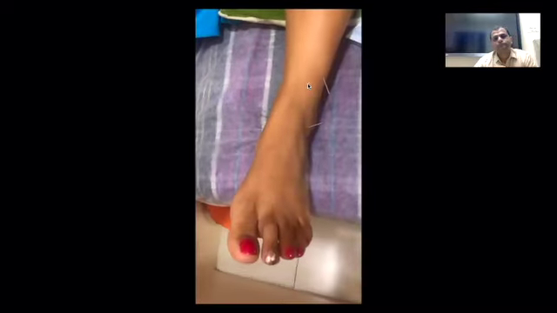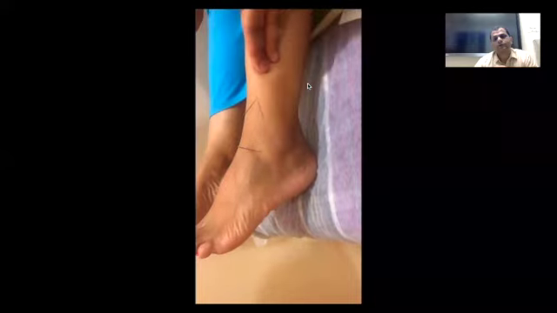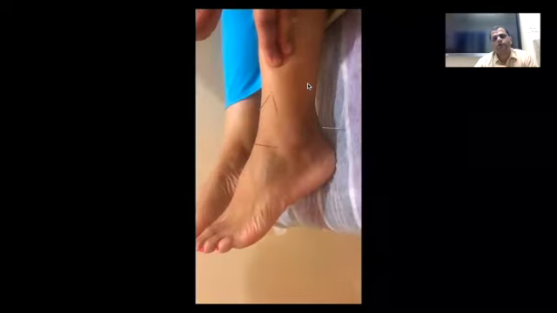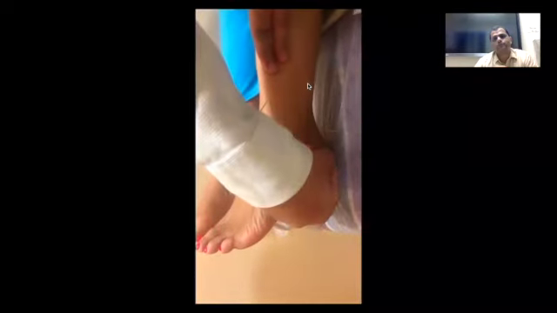Then going on the lateral side, urinary bladder 60 is just back side of the lateral malleolus. From this point, if we go about 1.5 chun down, that is urinary bladder 61.